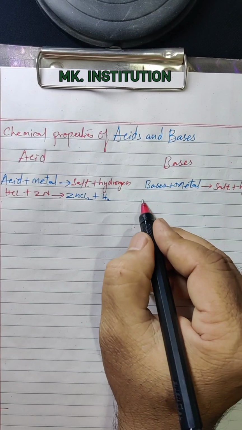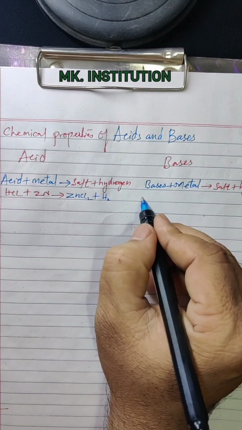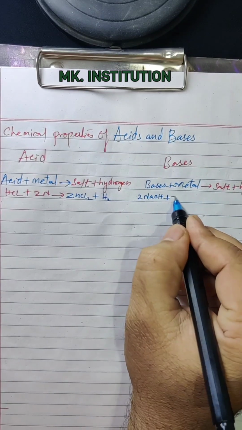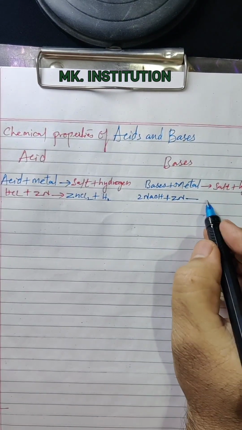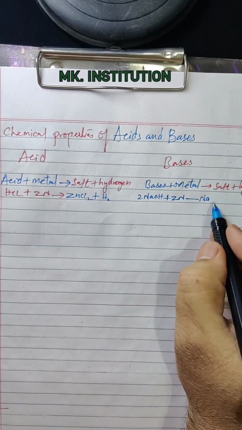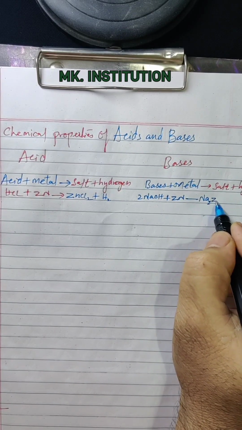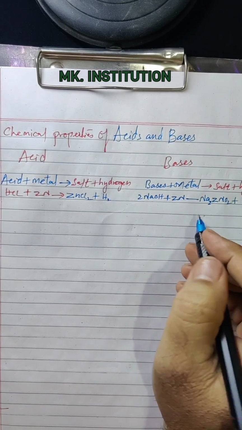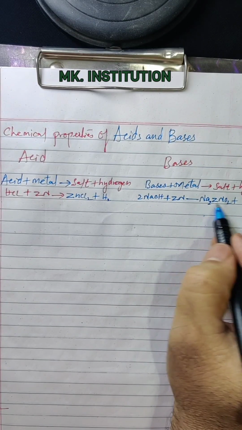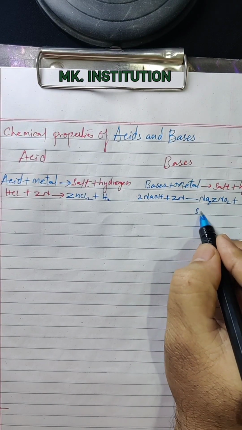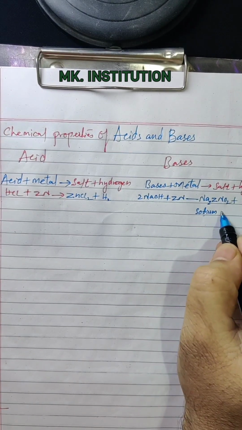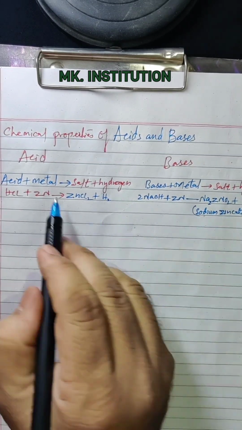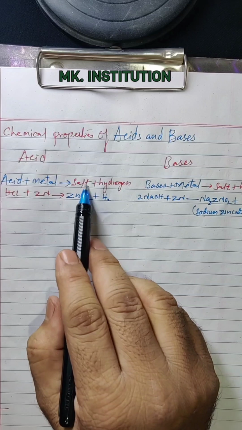Now we can write the equation for this also: 2 sodium hydroxide along with zinc produces sodium zincate plus hydrogen. Remember this name, sodium zincate, Z-I-N-C-A-T-E, sodium zincate. Clear?